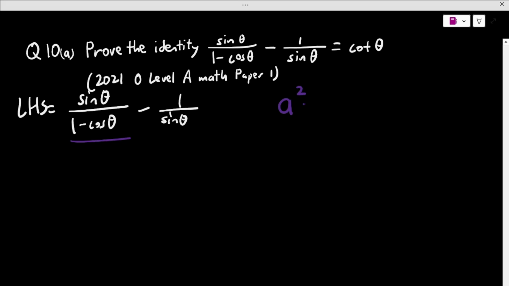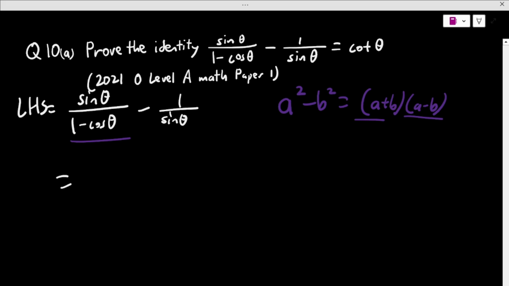Well, we see that in the denominator right here, we have 1 minus cosine of theta. We know that a squared minus b squared is equal to a plus b times a minus b. So we have 1 minus cosine theta, which is a minus b. Why not multiply the numerator and denominator of the fraction by 1 plus cosine of theta.